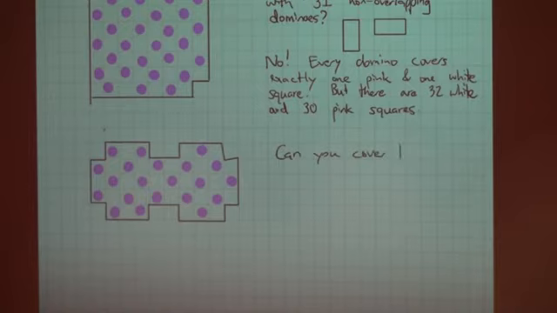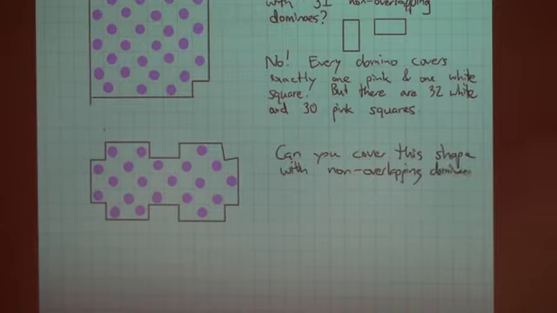Can you cover this shape with non-overlapping dominoes? This one I would grade as pretty tough to answer.